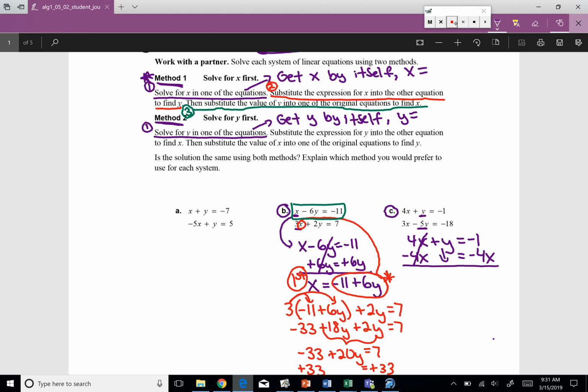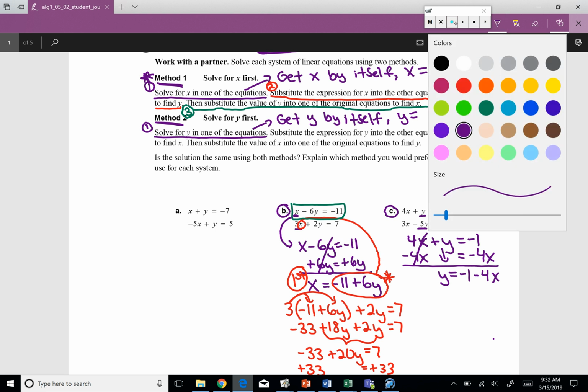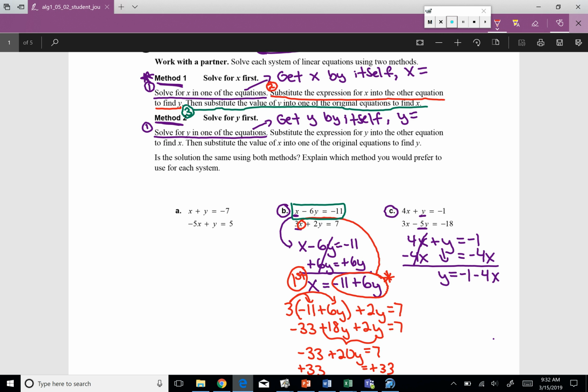Now I'm left with just plain old y equals, again on that right side, I have negative 1 minus 4x. I cannot combine the negative 1 and the negative 4 because they do not both have x's. So step 1, check. We have y by itself.